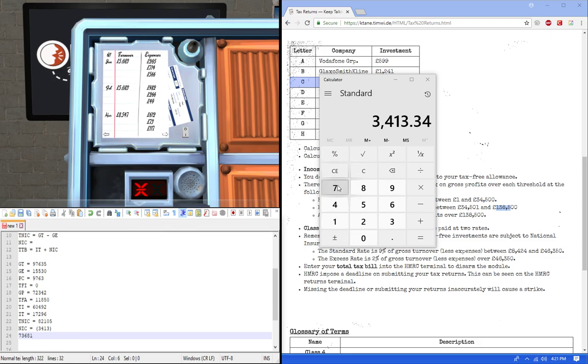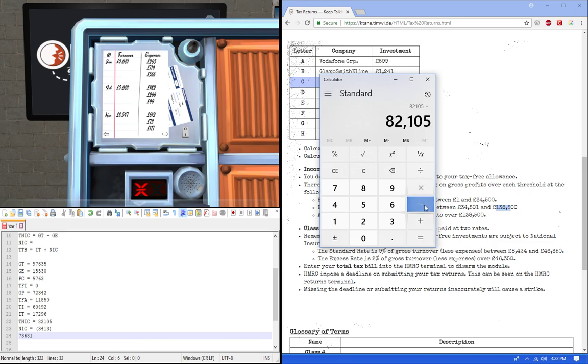So tell you what, we're going to take our 73,681, add our 8,424. I'm just going backwards here, nothing special. Or take our gross, or 97,635 minus our 15,530, which also gives us that number.